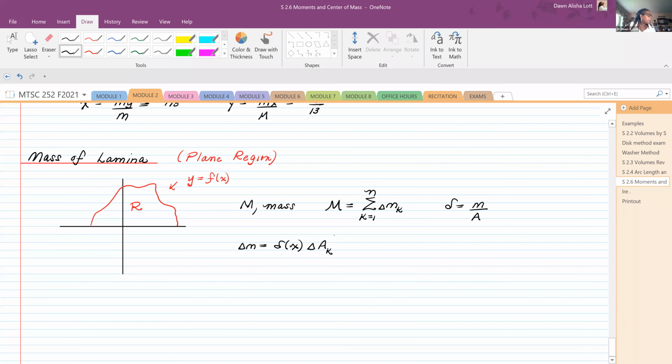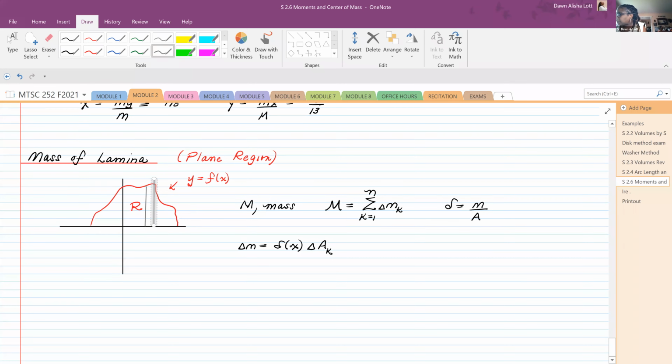But when I'm trying to do this, let's take a little slice now. So here's my little slice. That's just this little piece right here I'm looking at.